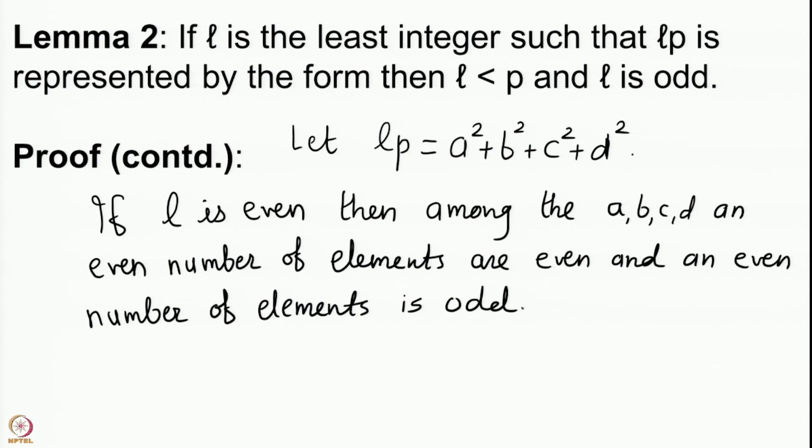Suppose that A is odd and B, C, D are even. If that is the case, then B square plus C square plus D square are all even, their sum is even, and you have A to be odd. So, A square plus this even thing will give you an odd number, which will mean that LP is odd, then L cannot be even.